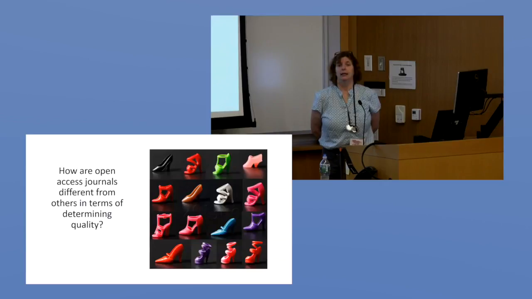Which is difficult because a good new journal could spring up and it doesn't have time. Right, so that's an important point, because a lot of the things that we look at to determine the quality of a journal, a new journal may not have gotten to.